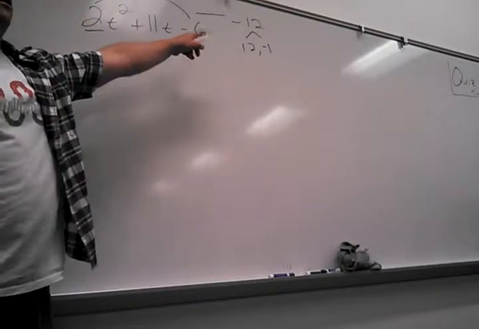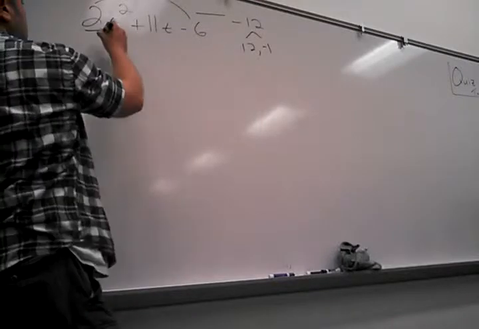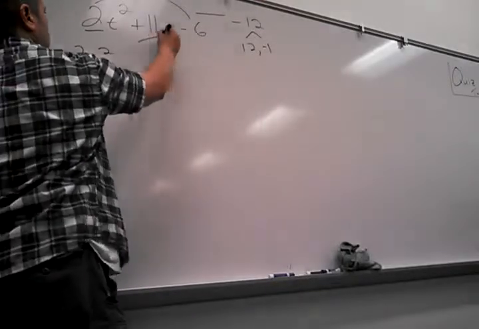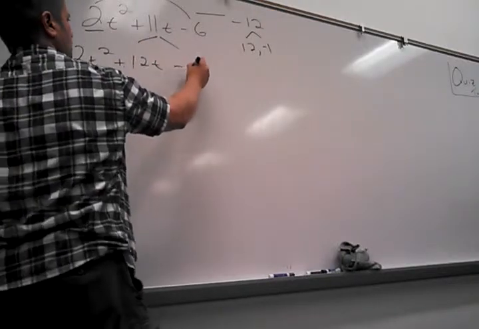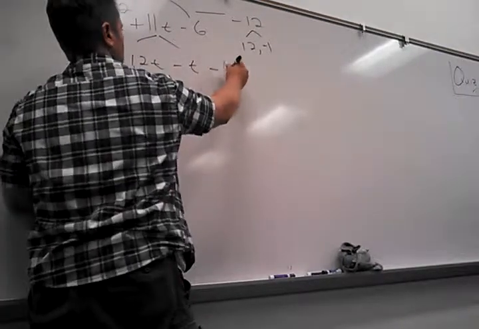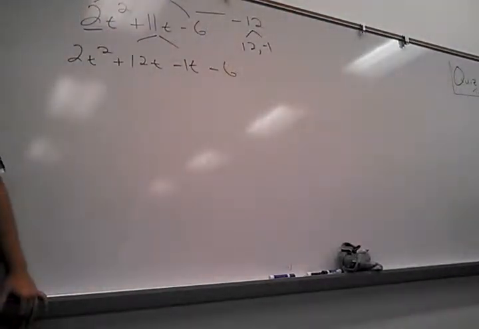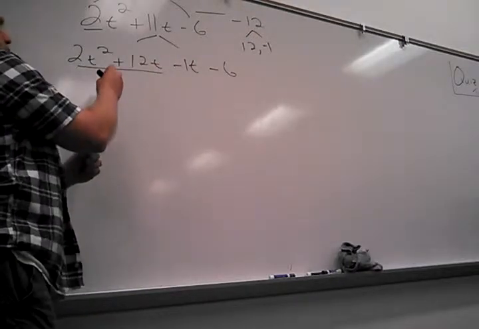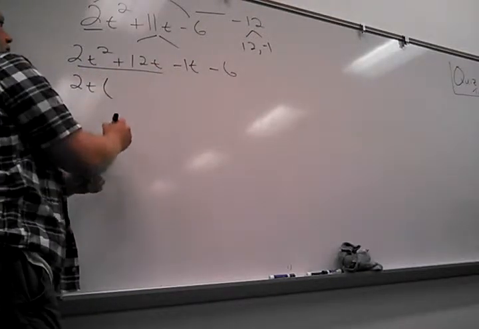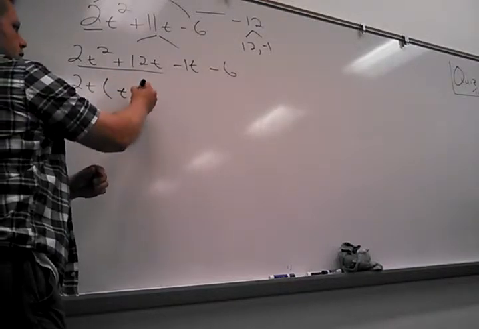And what do I do with those two numbers? Yeah, rewrite this. So this is still here. Rewrite 11t as 12t minus t. Or you put the minus 1 there if you want to, sure. Group it. What comes out of these two? 2t. What's left? Good, t plus 6.